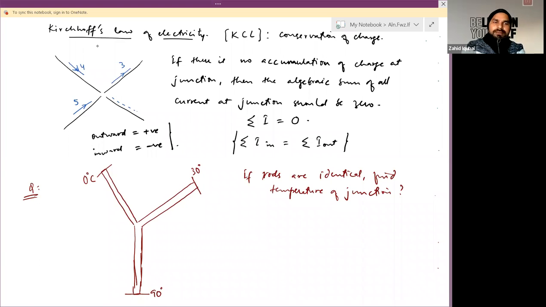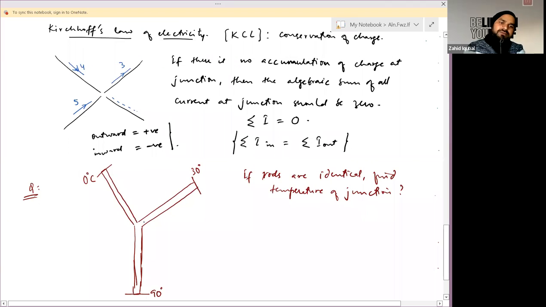So how to calculate? Let me define it. First, let the temperature of this particular junction be X. And I'm just assuming total current must be outward along each different rod. So in this part, let's say heat current is H1, in this part H2, and in this part H3.